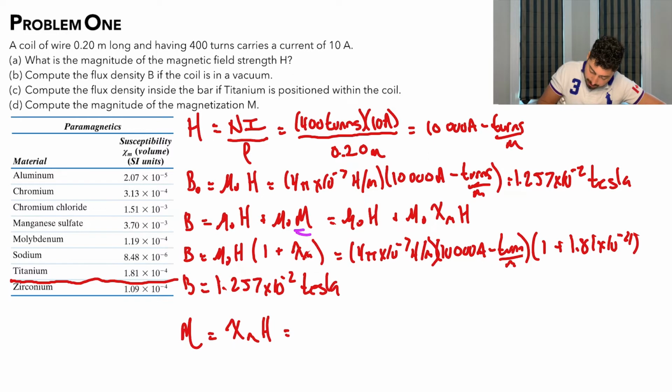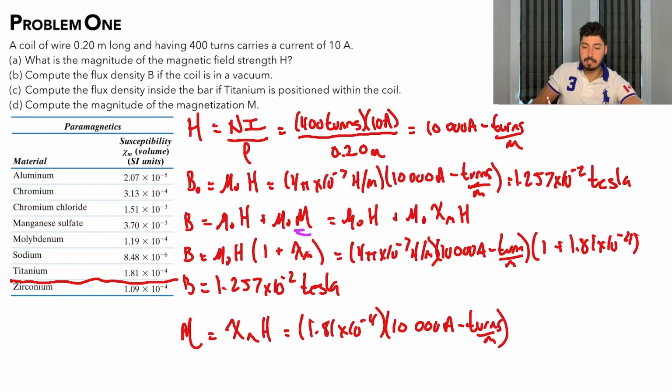So we can say that 1.81 times 10 to the minus 4 multiplied by our magnetic field strength, which is 10,000 amp turns per meter, and that's going to give us a value of 1.82 amps per meter. And that's the conclusion to problem number 1.